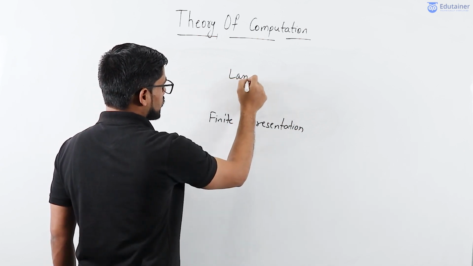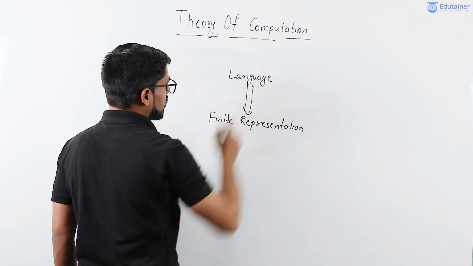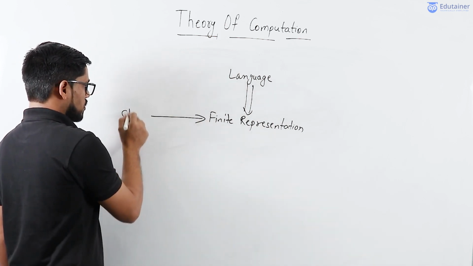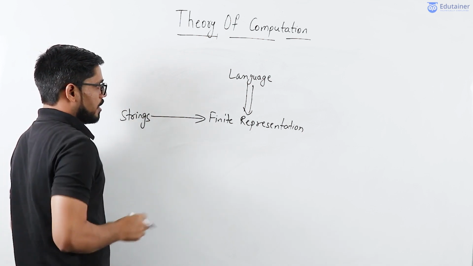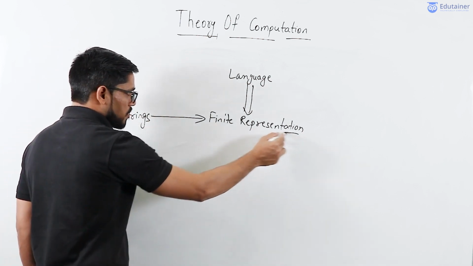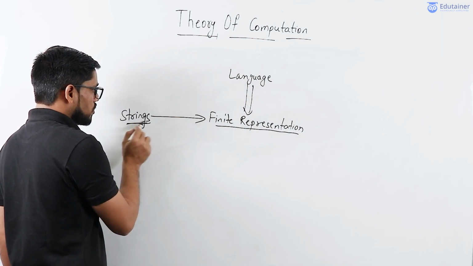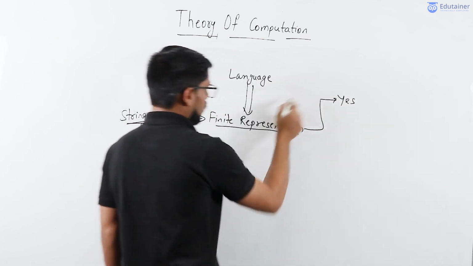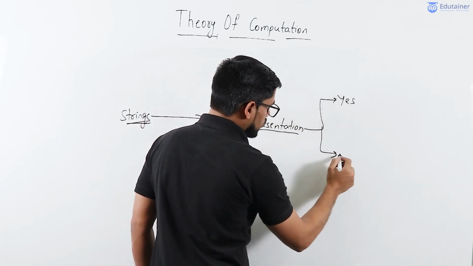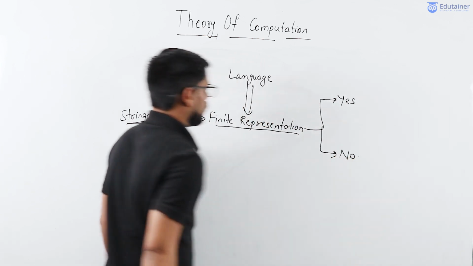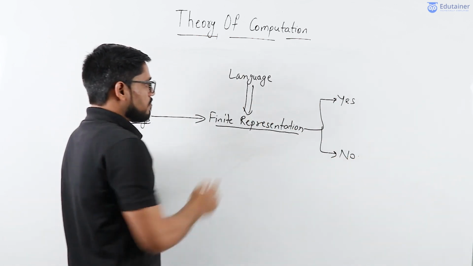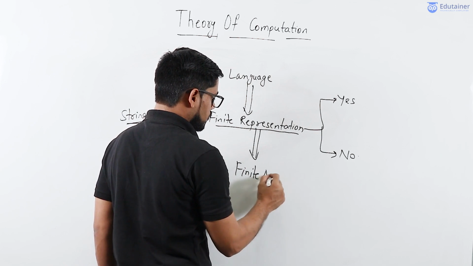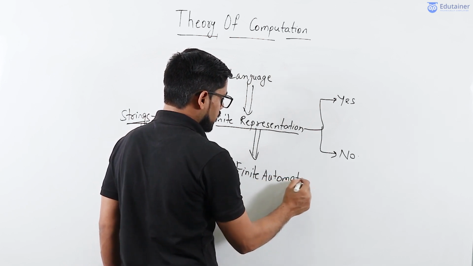So given a language, you can construct a finite representation of that language, and I will give you some strings. Then using this finite representation and seeing this particular string, you can definitely answer whether this string belongs to the language or does not belong to the language. This finite representation is called finite automata.